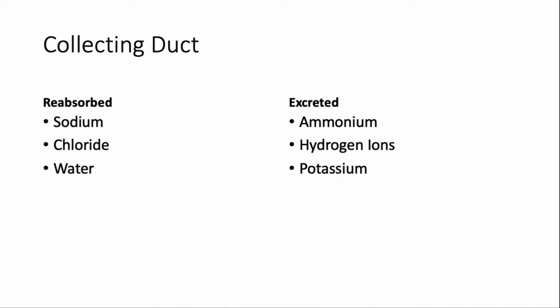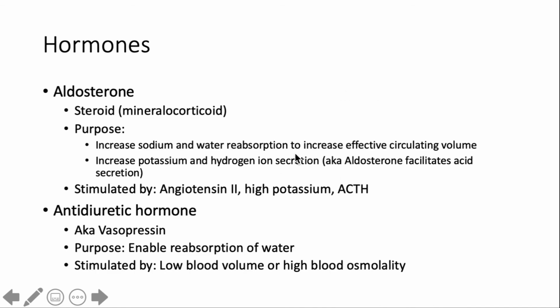Finally is the collecting duct, and this one is also a little bit complicated, but what our purpose is here is to reabsorb the final water that's left in there and to allow for excretion of those acids and any products that we don't want, extra potassium, and so forth. So we do that through two different hormones.